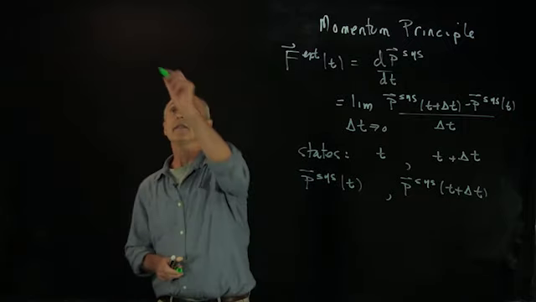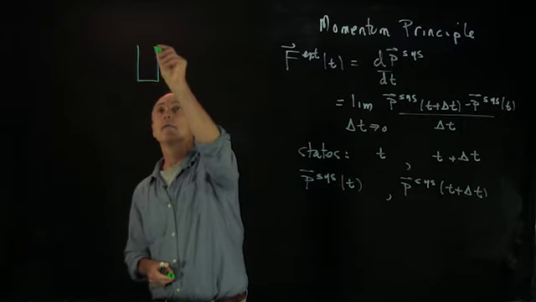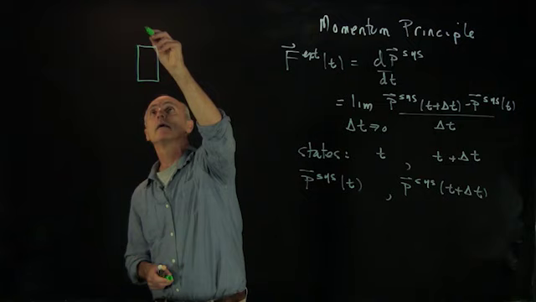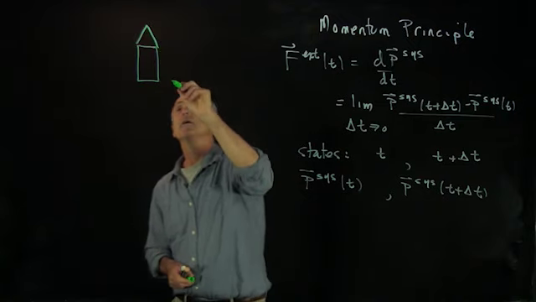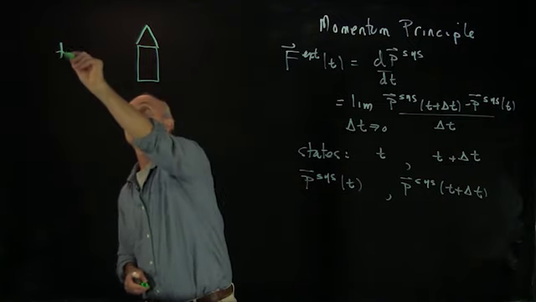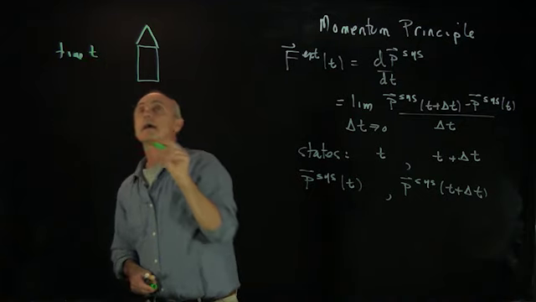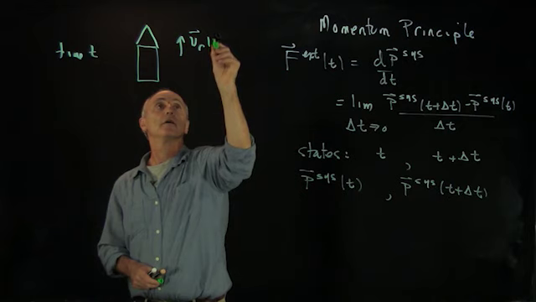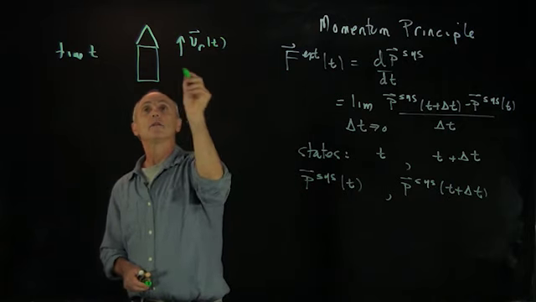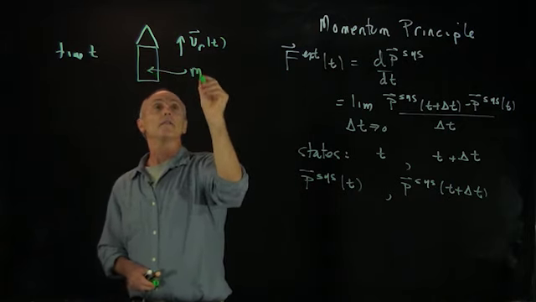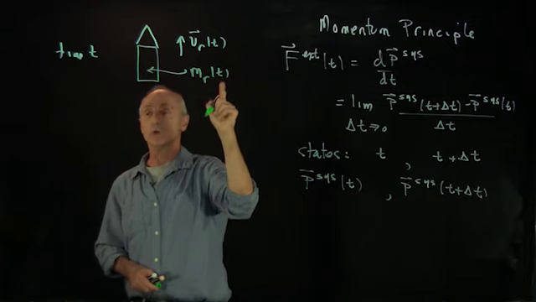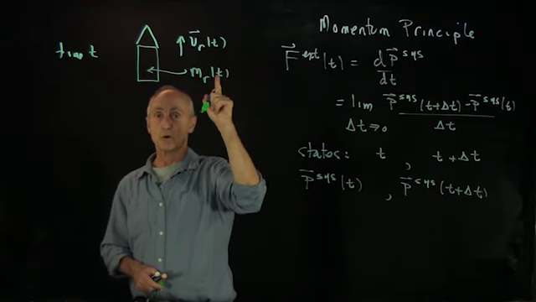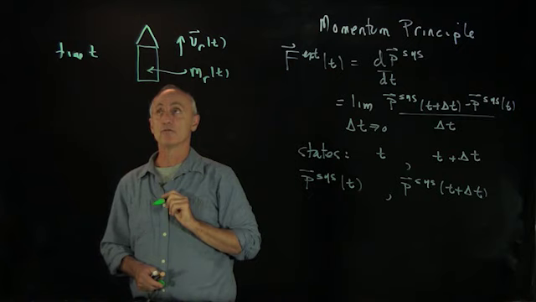So recall that at that time, we had our rocket, and this is our time t. And the rocket had a velocity, v of r of t. And what we identified, the mass, m r of t, recall this was the dry mass of the rocket and the mass of the fuel.